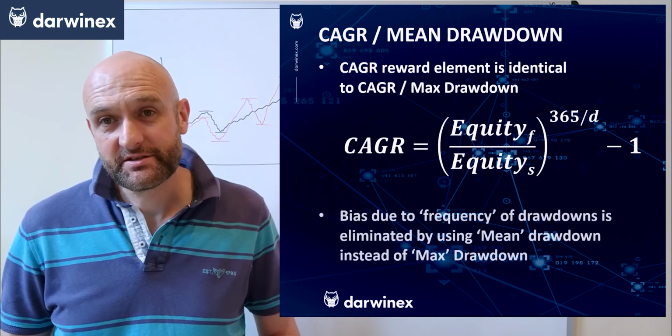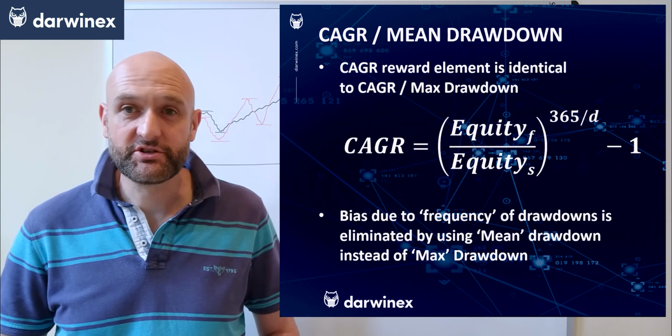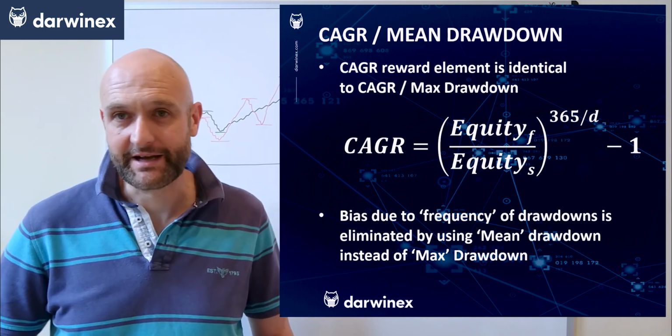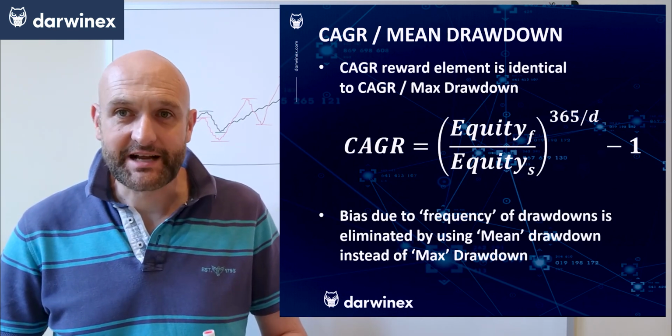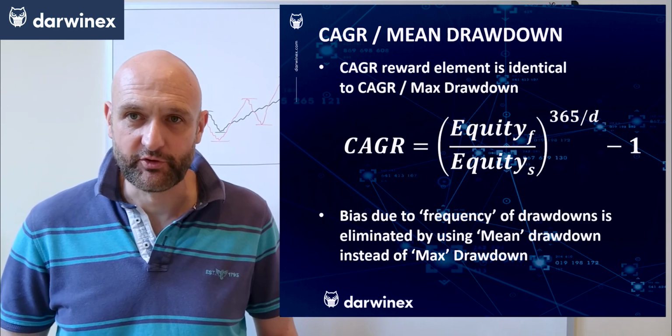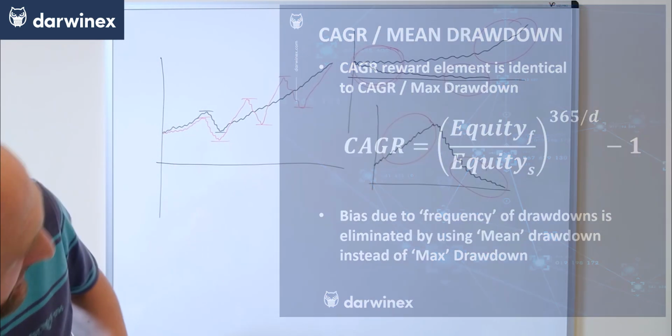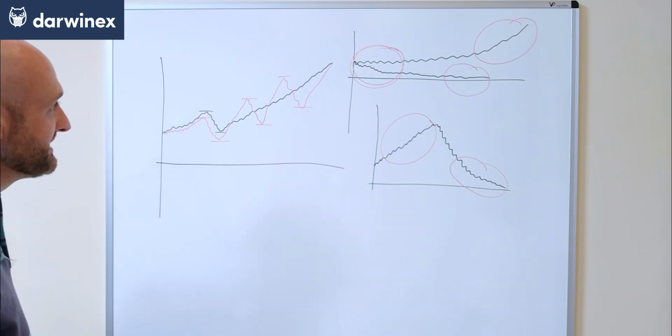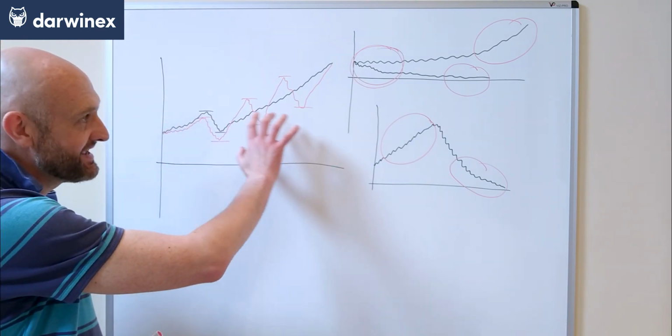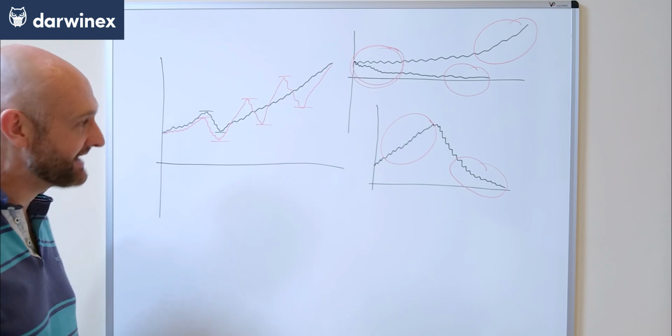Now, the bias that was introduced in relation to the frequency of drawdowns that were experienced is actually removed as part of this performance metric. So instead of looking at the maximum drawdown, what we look at here is the average drawdown over the entire length of the backtest.